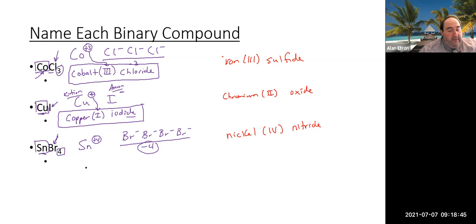And again, whole name of the metal, which is tin, Roman numeral will now be 4, again, because of the charge. And even though we do have 4 of the Brs, it has no effect on the name. We should not be using any type of prefix here. This would be bromide. Any questions on those 3 names?